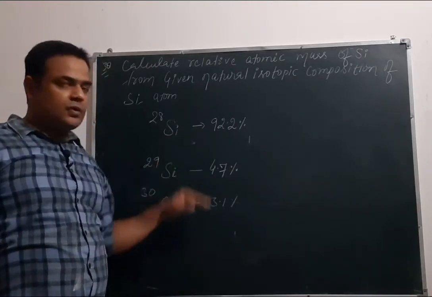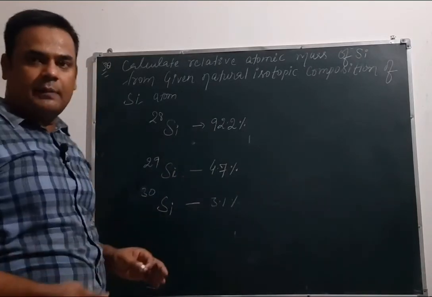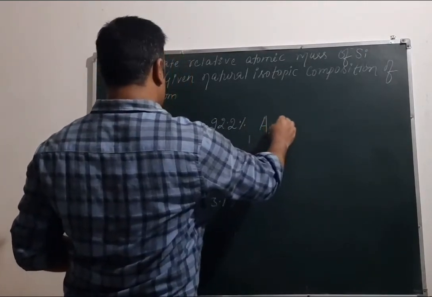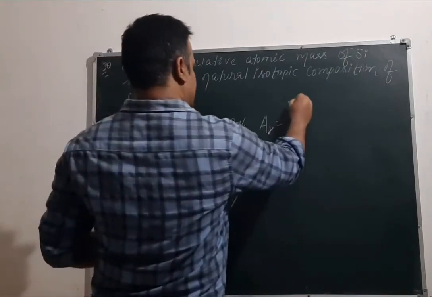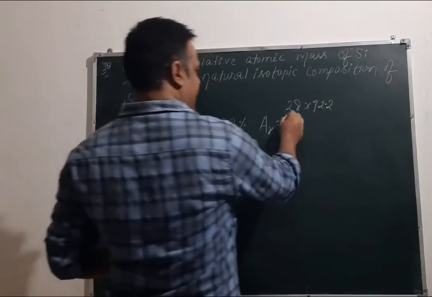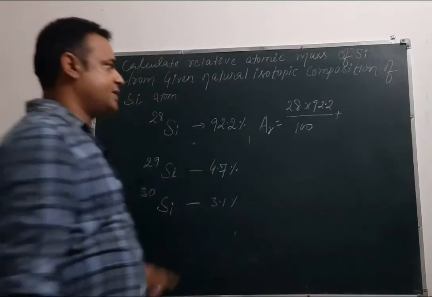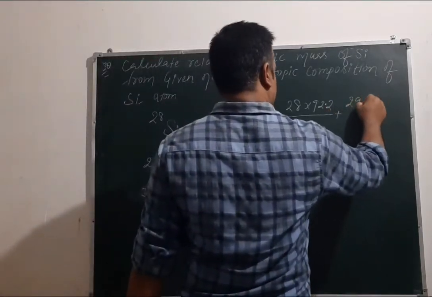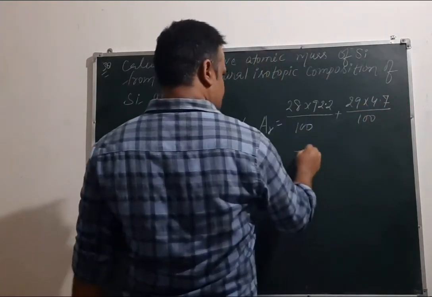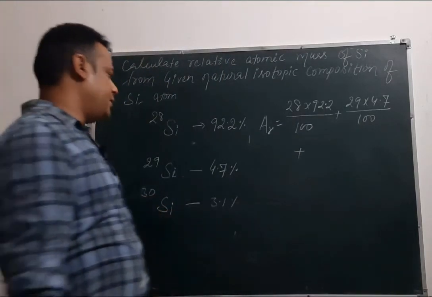So on the basis of given data, we have to find the relative atomic mass of silicon atom. We'll apply the same concept: relative atomic mass AR is equal to 28 into 92.2 divided by 100 plus 29 into 4.7 divided by 100 plus 30 into 3.1 divided by 100.